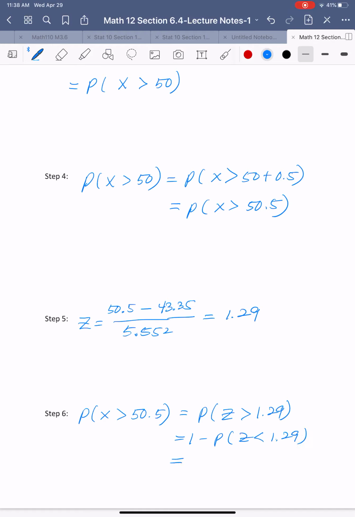The table value for z up to 1.29 is 0.9015, so the probability of being greater than 50.5 is 0.0985, which is about 9.85%. All right, that's all for 6.4. Thank you for listening.